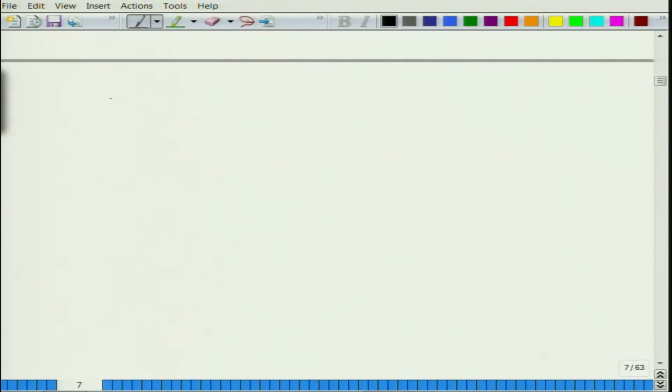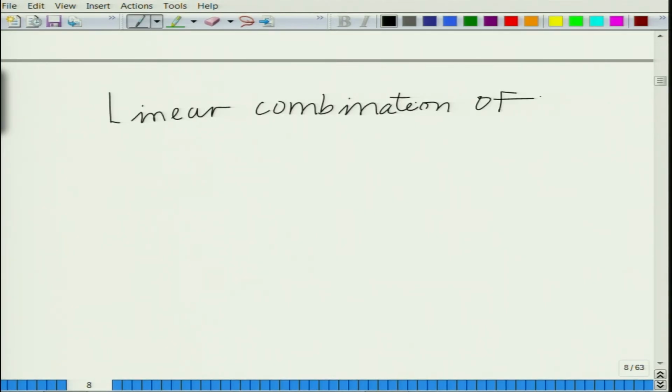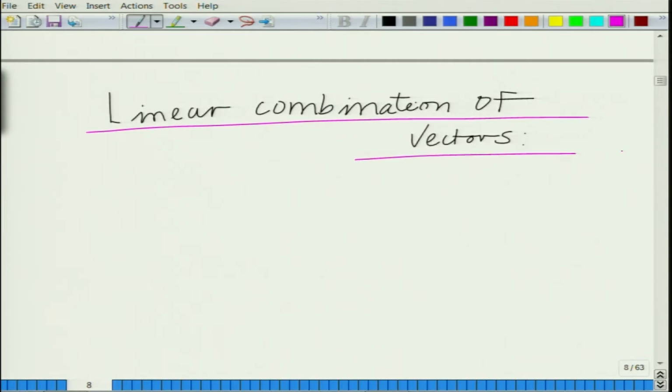So, let us now look at a linear combination of vectors.